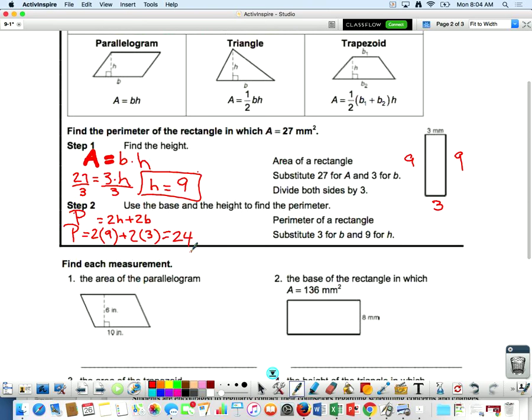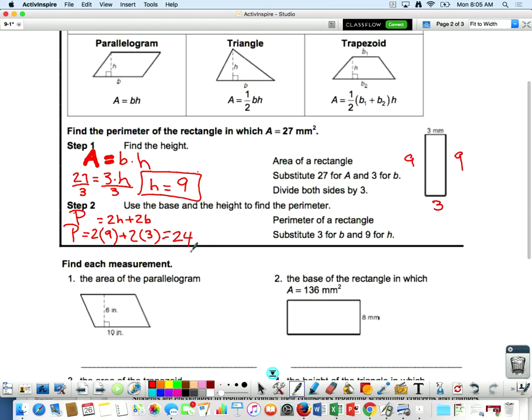Okay. What's the units? Is it millimeters squared or millimeters? Well, how come there's a square? There's millimeters squared for area because why? Somebody want to explain that? This was millimeters, and we times it by millimeters, and that's how we got the units millimeters squared.